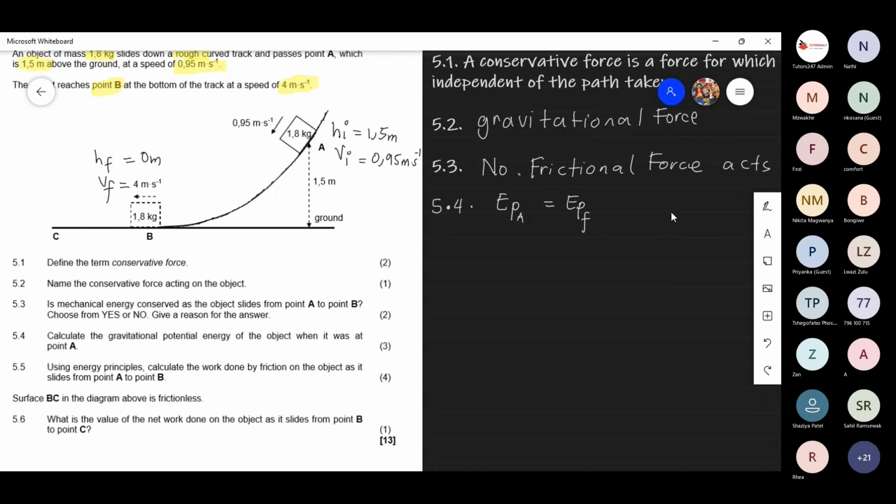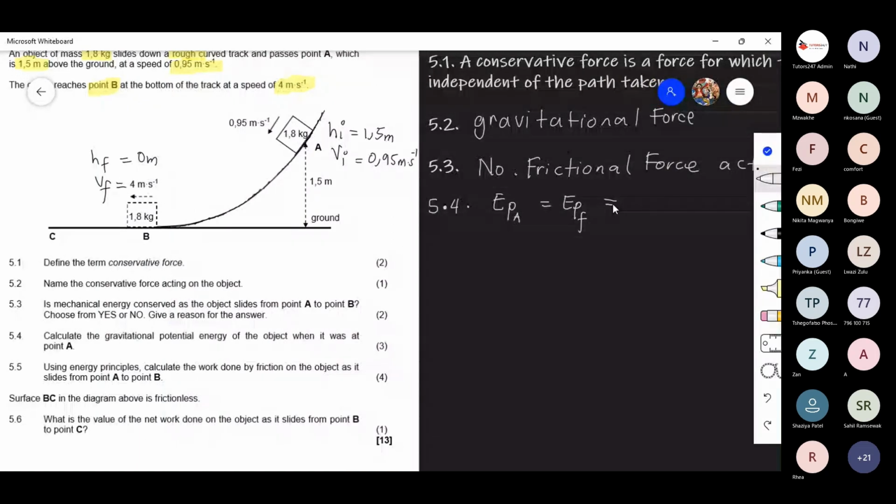Okay, so we know that that is mass times gravity times height at point A. So that is equal to the mass, which is 1.8 kg, times your gravitational acceleration of 9.8, times your height.